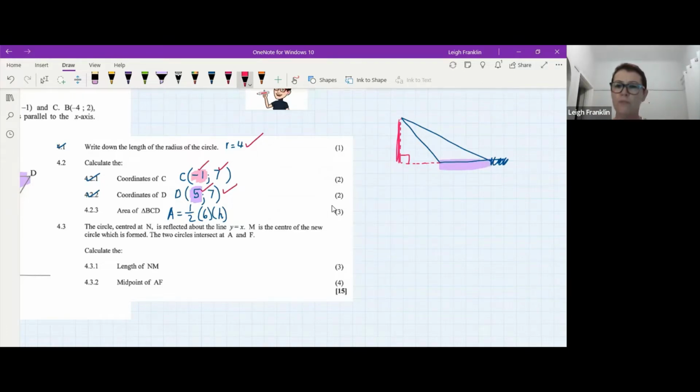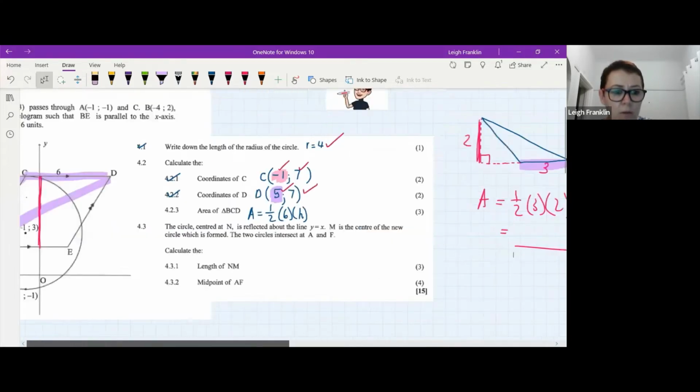So half base times height means that if this line was, say, 3 units and this line was, say, 2 units, we would say that the area of the triangle is equal to half base times perpendicular height, and then get our answer. That's what you need to see with this particular diagram as well.